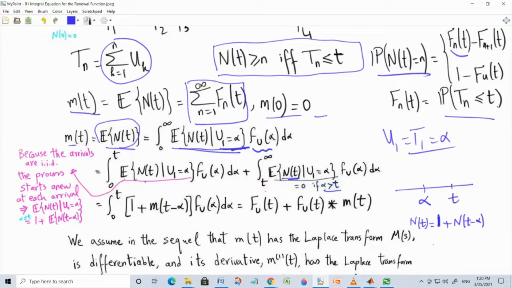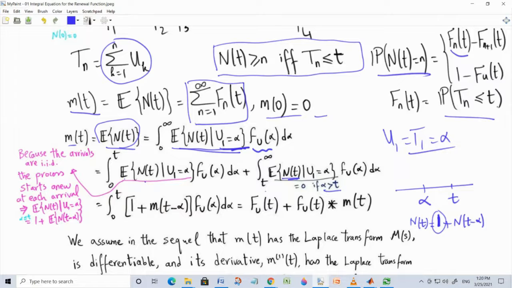So what is going on here? Alpha tells us the time of the first arrival. So at all time instants before alpha, we don't have any arrival, by definition, because alpha is the time of the first arrival. At the time instant alpha, we have our first arrival.